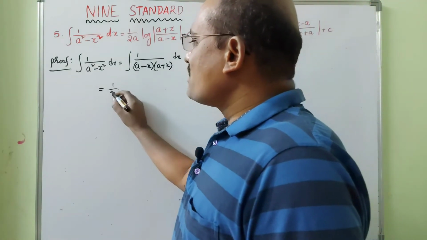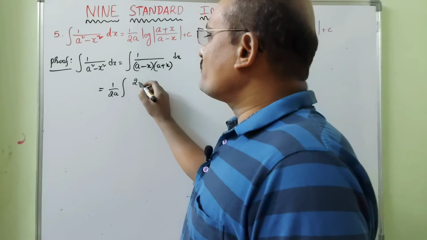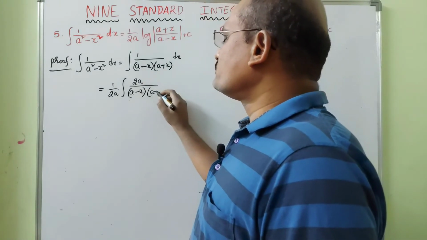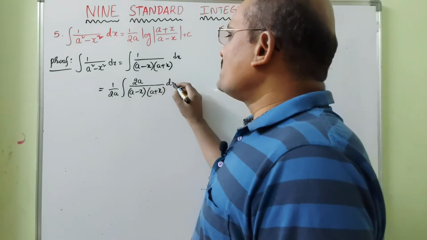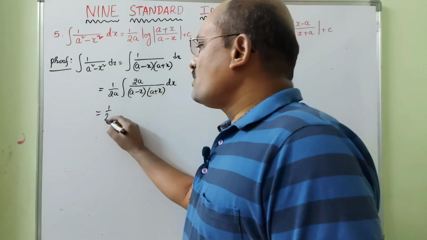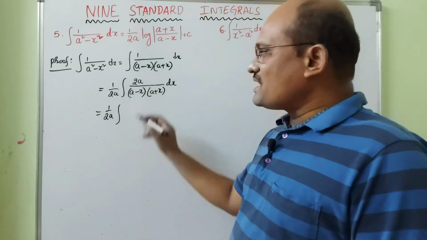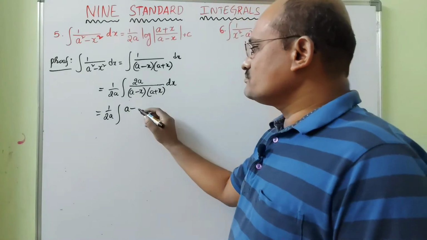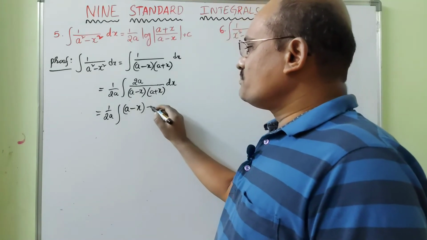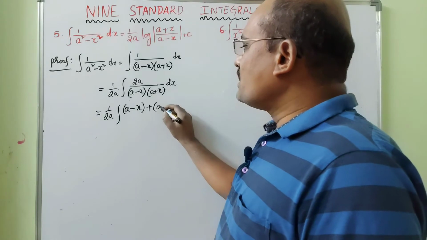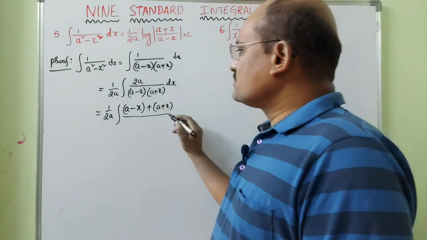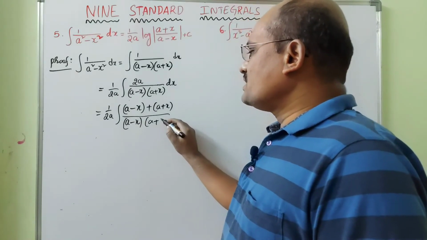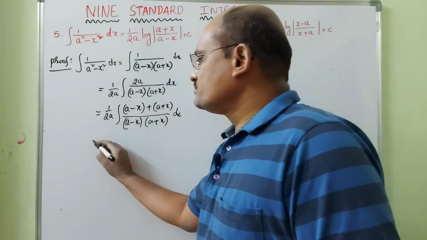Now what I am doing is multiplying and dividing with 2a. Now here 2a can be written as the sum of these two factors, a minus x plus a plus x, by a minus x into a plus x dx.